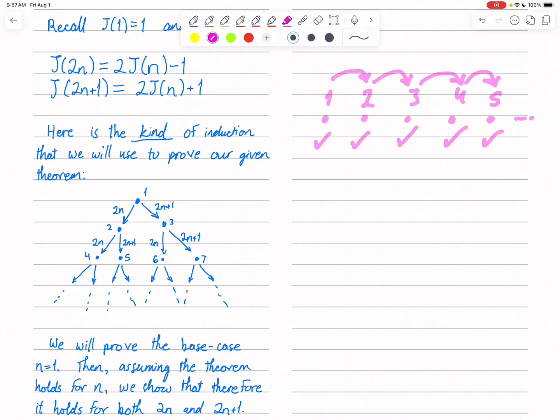Well, here we're going to apply a similar logic. It just doesn't go in a straight line. It branches. Again, we're going to have 1 as a base case. That doesn't change. But from 1, we can get to 2 not by plus 1ing, whatever case we're at, but by times 2.